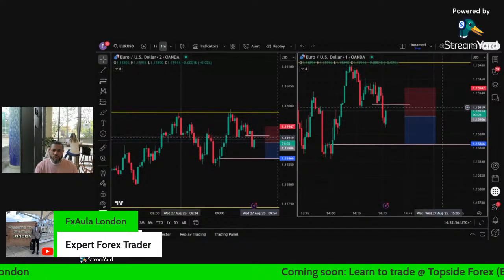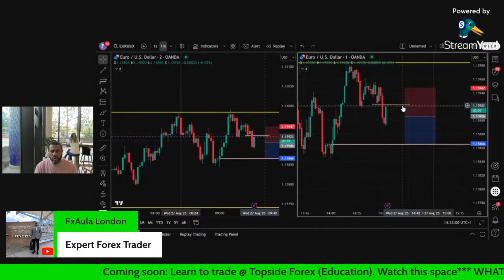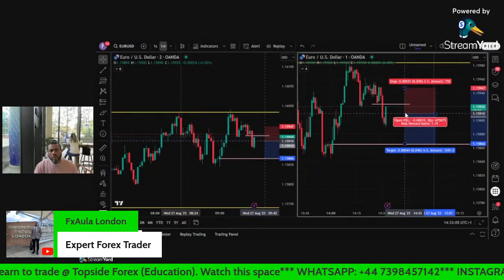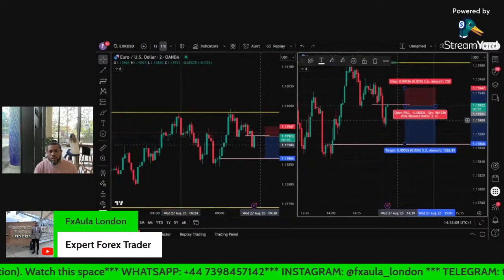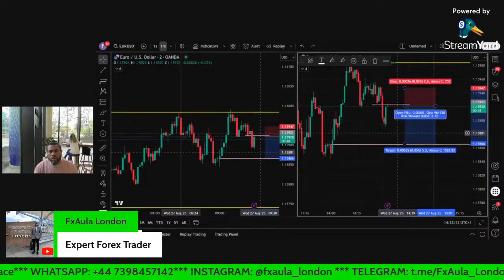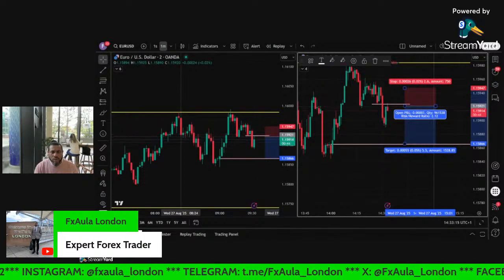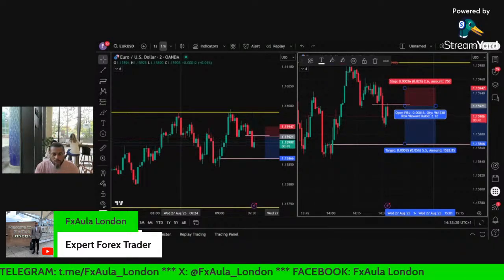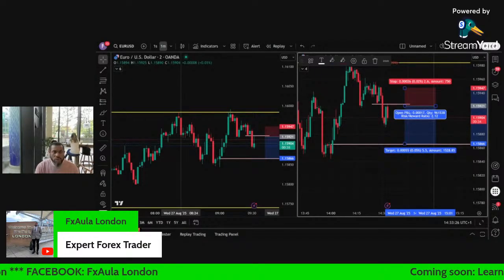The price has retraced into the fair value gap. Let me see, adjusting. I think I'll take the trade. 0.6, 0.26.